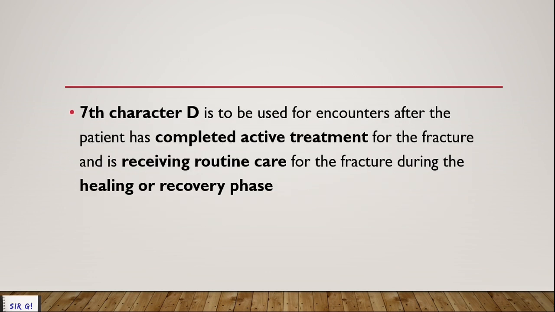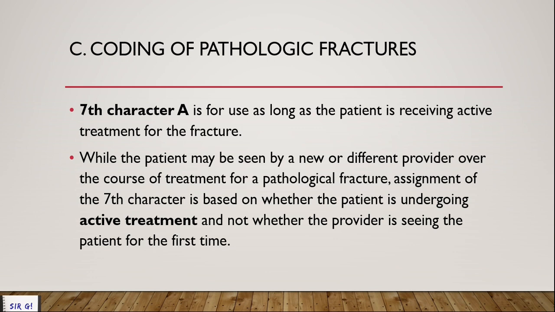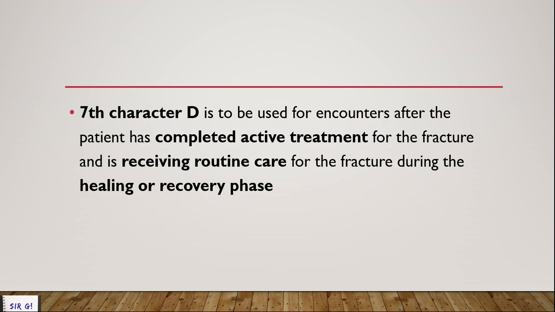7th character D is to be used for encounters after the patient has completed active treatment for the fracture, as in receiving routine care for the fracture during the healing or recovery phase. For 7th character A, we're talking about active treatment that is still ongoing. For 7th character D, we're talking about the healing phase or recovery phase.